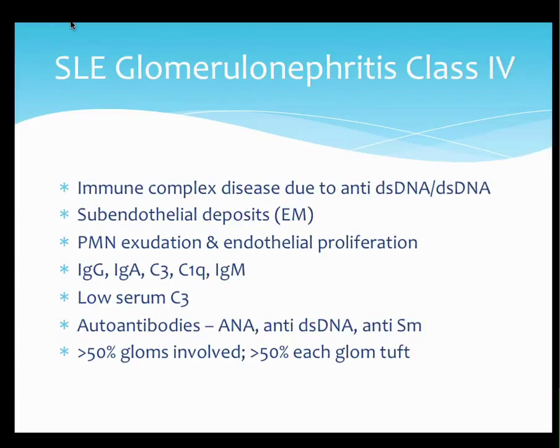Patients with lupus often will produce another antibody called anti-Sm antibody, which is essentially diagnostic of lupus erythematosus. Patients with class 4 lupus glomerulonephritis will have more than 50% of their glomeruli involved, and each glomerulus will show proliferation involving more than 50% of the glomerular tuft.